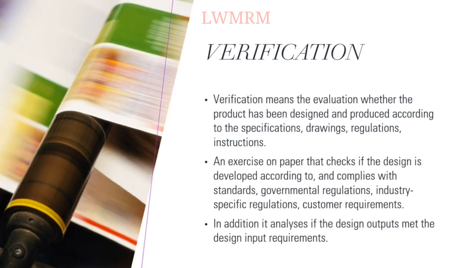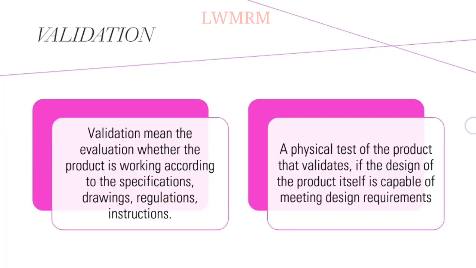Difference between verification and validation. Verification means the evaluation of whether the product has been designed and produced according to the specifications, drawings, regulations, instructions. An exercise on paper that checks if the design is developed according to, and complies with, standards, governmental regulations, industry-specific regulations, customer requirements. In addition, it analyzes if the design outputs meet the design input requirements.